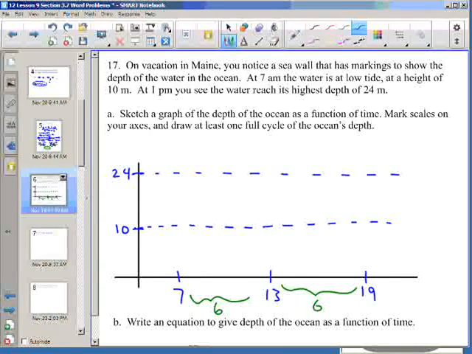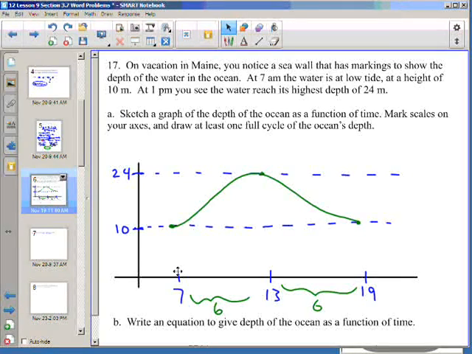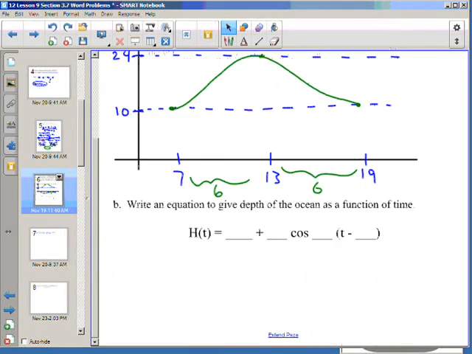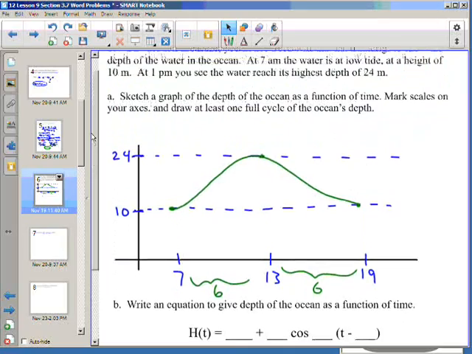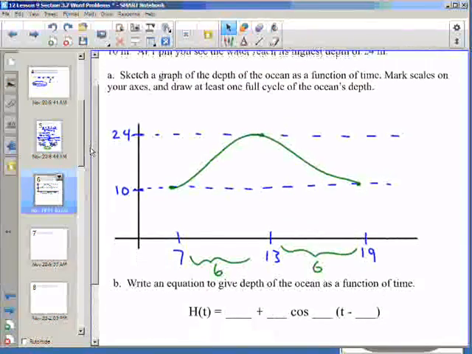And our low tide point to high tide back down, something like this. All right. I'm going to come up with an equation for this then. We've sketched the graph.